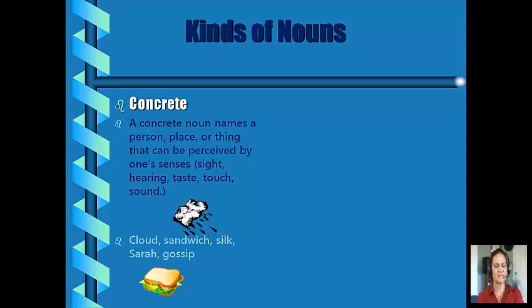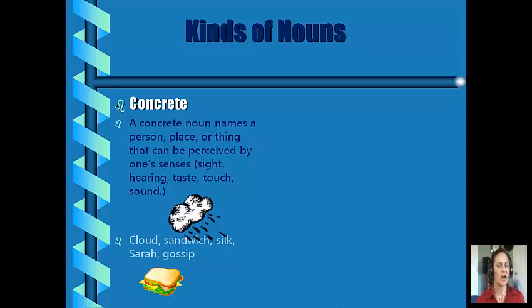But Sarah would be a noun that's a person. And gossip, we think, how can gossip be a concrete noun? But if you think about it, when gossip is talking, that's something that's perceived with the senses. It's heard, and that way it's concrete.